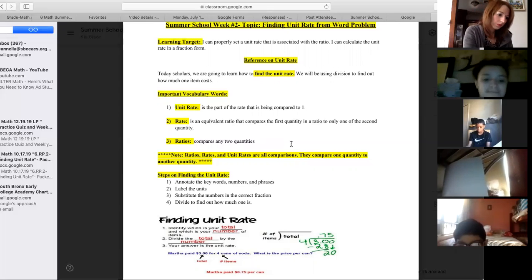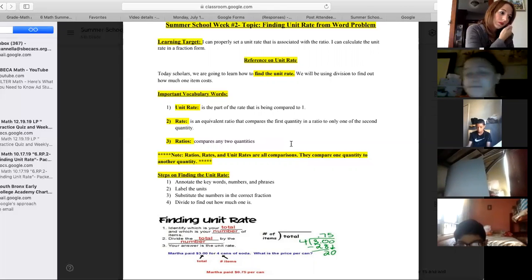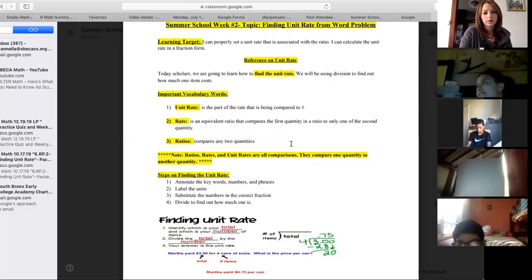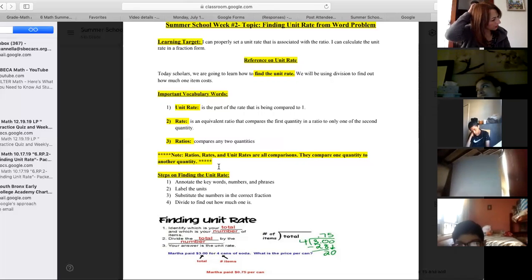Rate is an equivalent ratio that compares the first quantities in a ratio to only one of the second quantities. Good job. 3. Ratios compare any two quantities. Good. Keep going. Read the note for us.